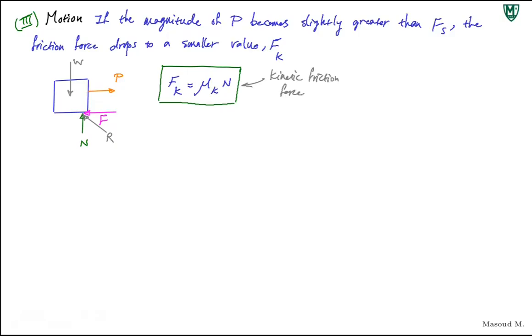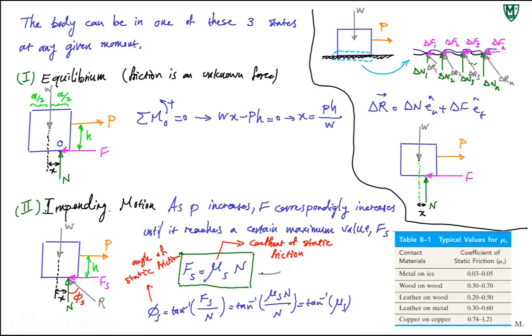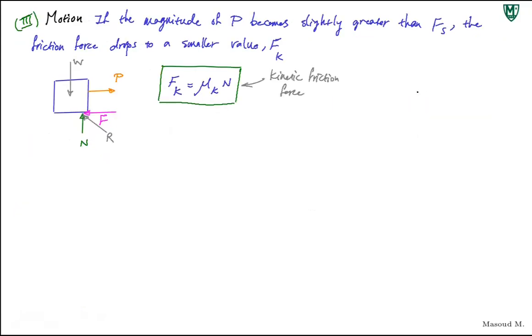We could write the other one as static friction force. So in kinetic friction force, as we said, Fk is slightly smaller than Fs. Pretty much the same story, but now we are using mu k, which you refer to as the coefficient of kinetic friction.